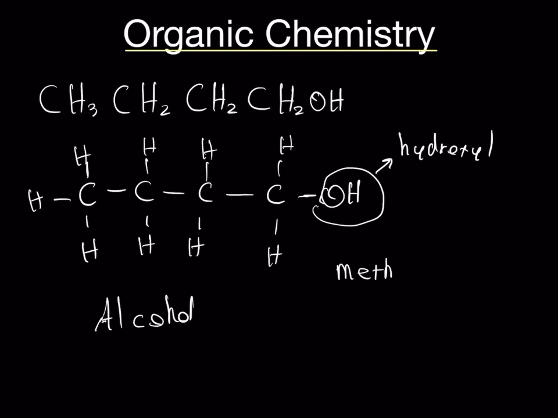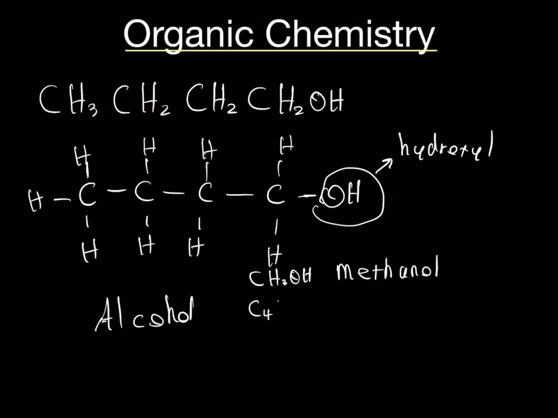In this case, we're going to use the suffix A-N-O-L. So if you have an alcohol with one carbon, it would be called methanol. And in this particular situation, we have an alcohol with 4 carbons.